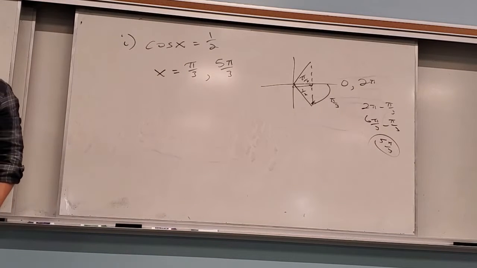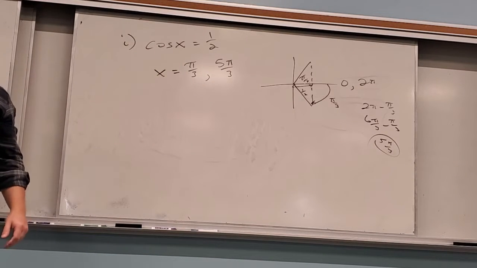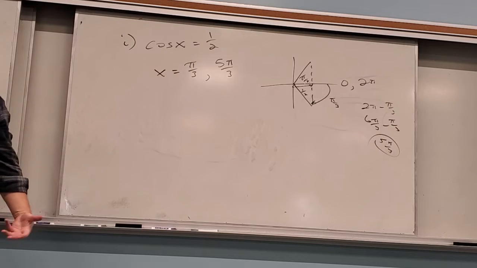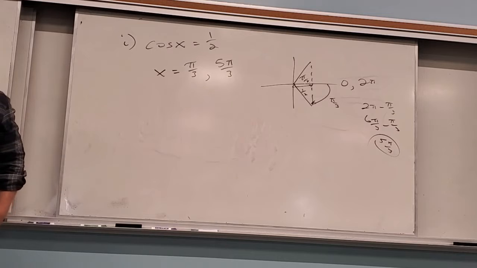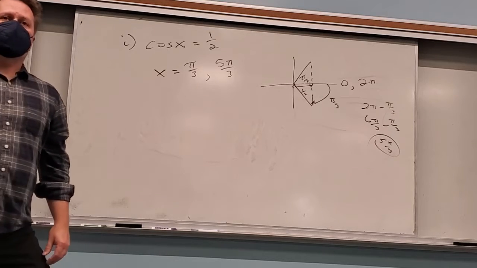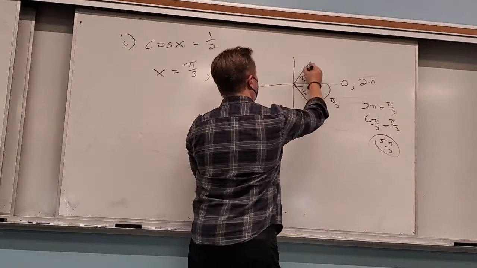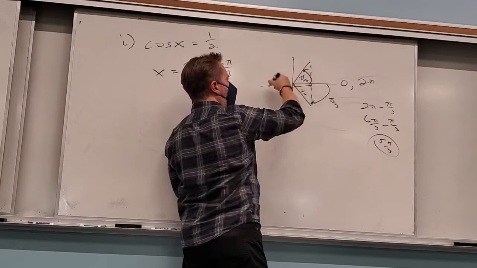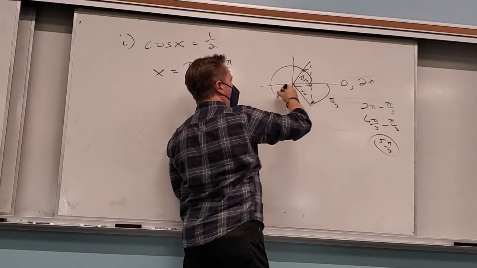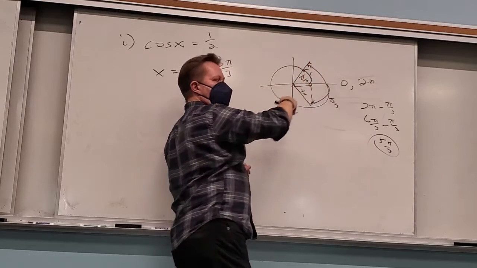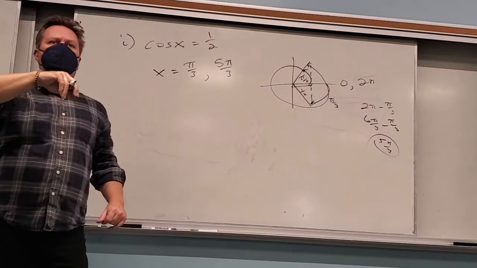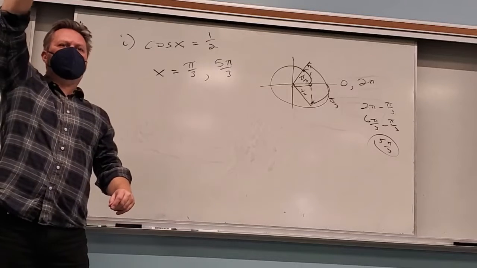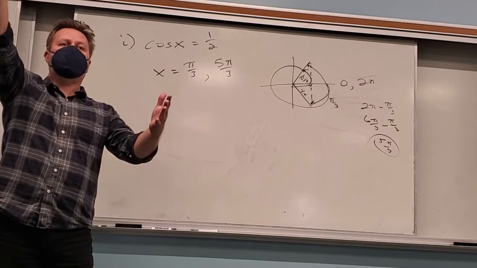All right, and I'm going to say to you, you're still not done. How many answers are there to this equation? Infinite. Right? If I go pi over 3, I get cosine is 1/2, don't I? What do I add to it to come all the way back around to that? 2 pi.